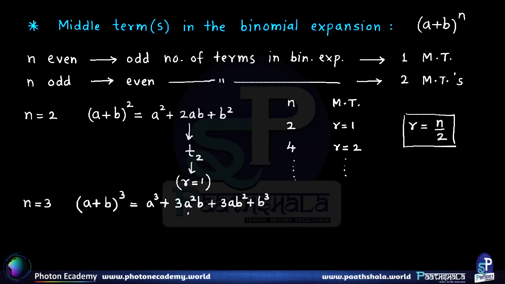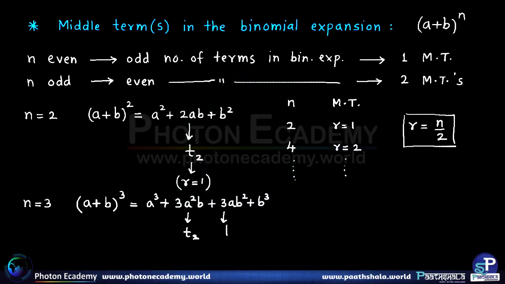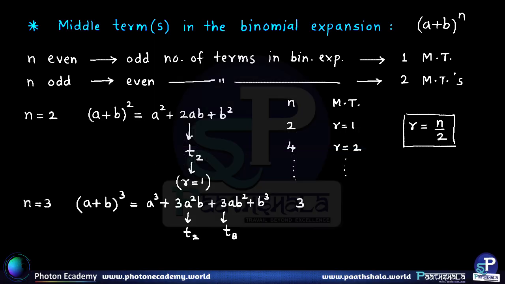So that means there are two terms which are in the center, which are nothing but T2 and T3. So when n is equal to 3, we have term numbers 2 and 3, and for 2 and 3 we will have the corresponding values of r as 1 and 2. So that is nothing but r is either 1 or 2.